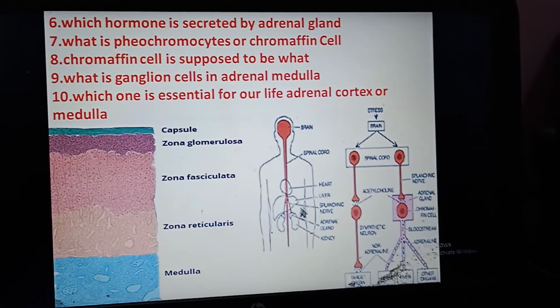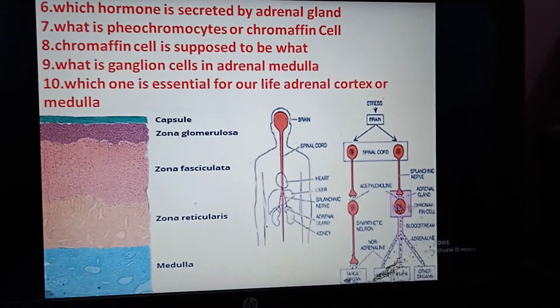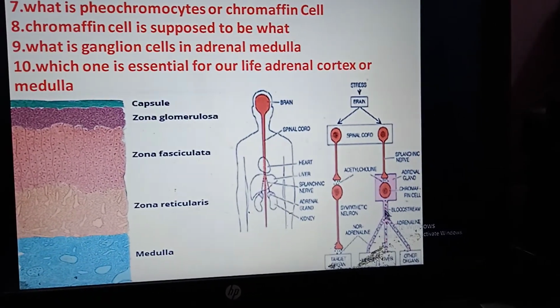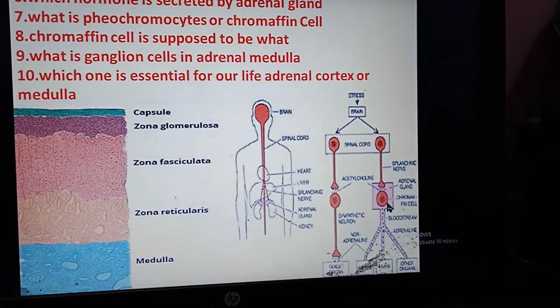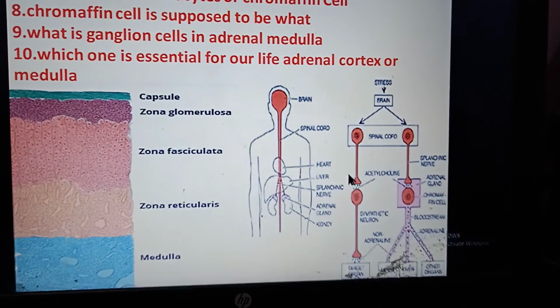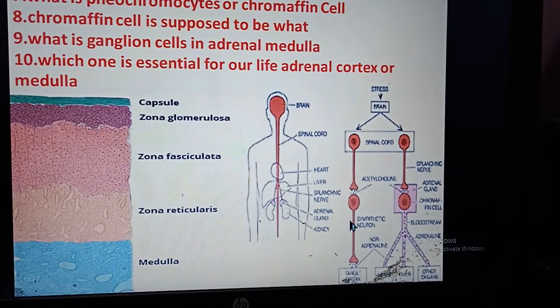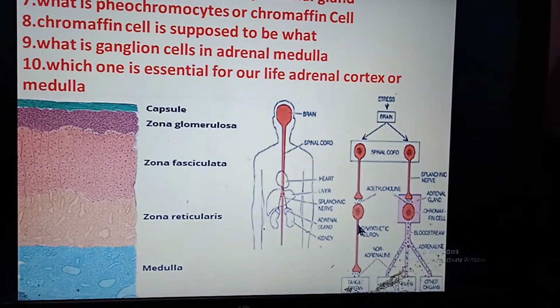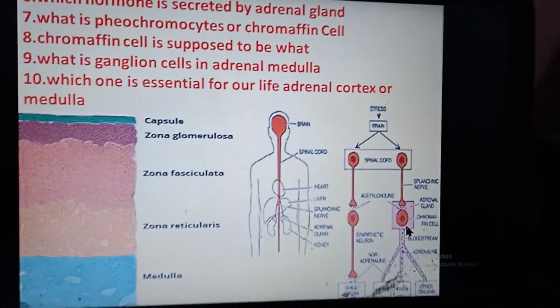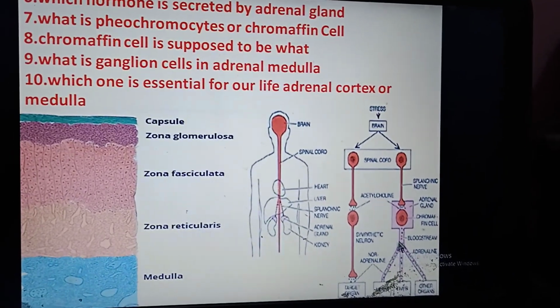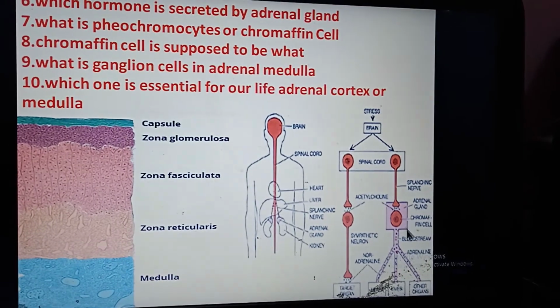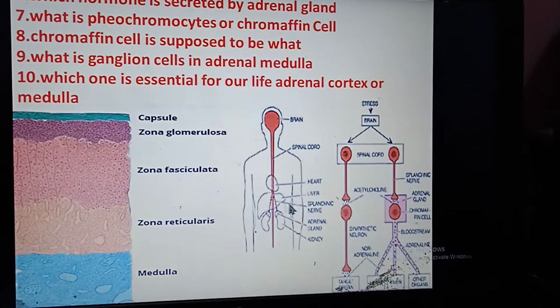Actually, chromaffin cell is nothing but the postganglionic sympathetic neuron. What we are seeing here, this is the preganglionic sympathetic neuron, this is postganglionic. But in case of adrenal medulla, the adrenal medulla is nothing but a modified sympathetic ganglion.